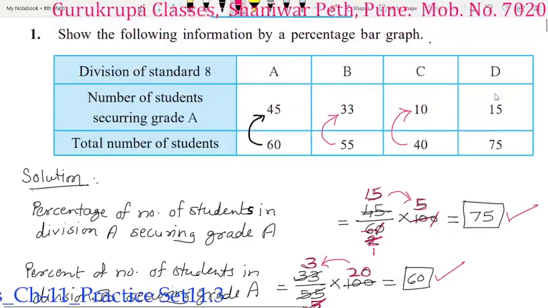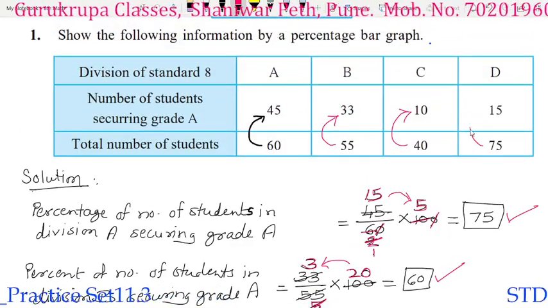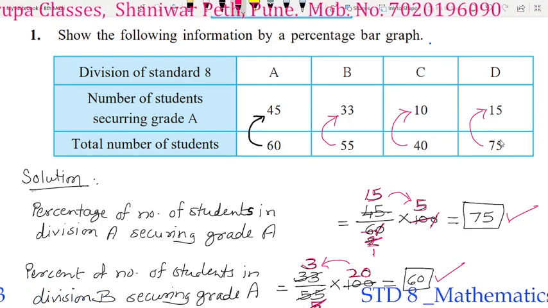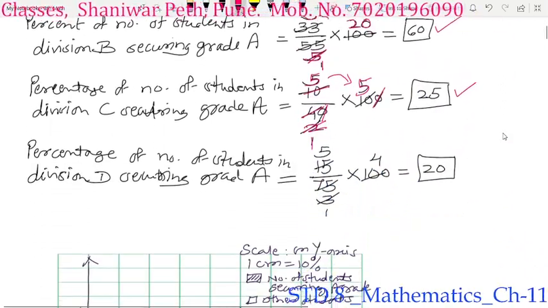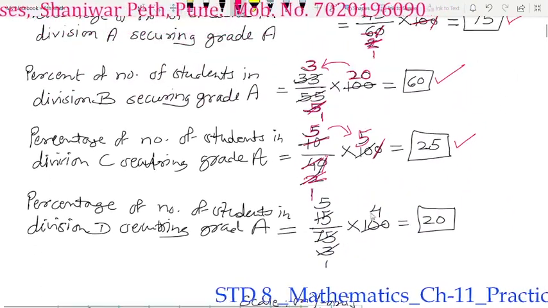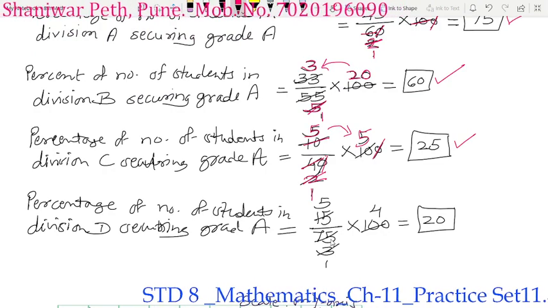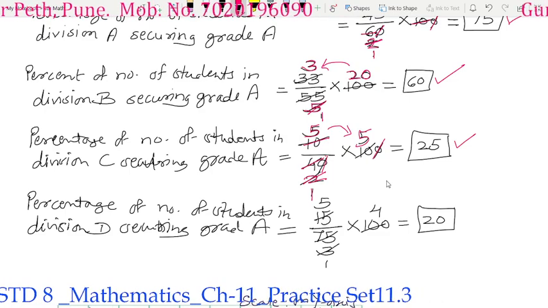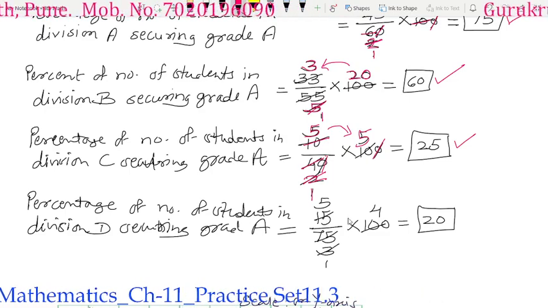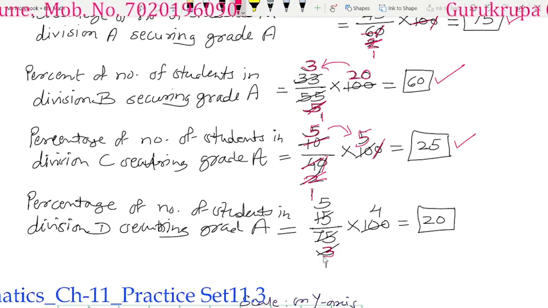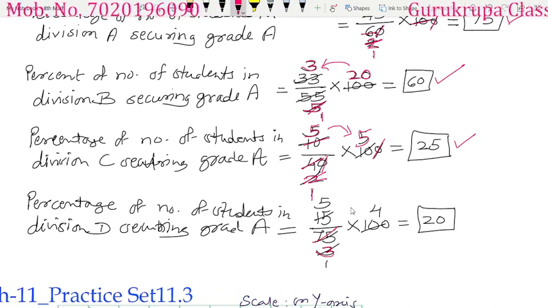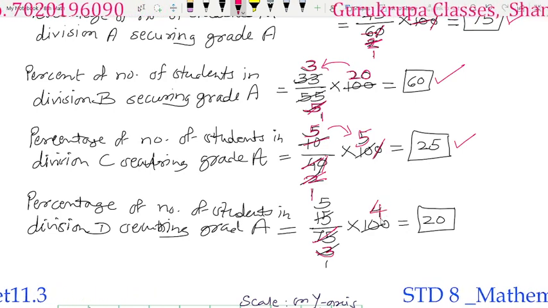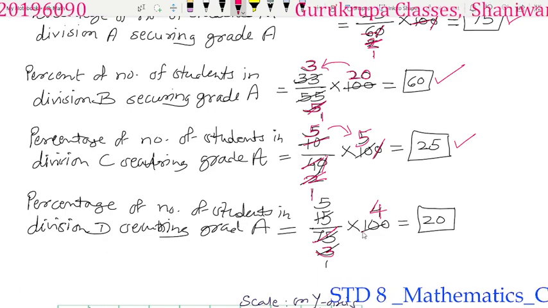Now what about division D? The total number of students is 75, out of which only 15 secured A grade. So we get the ratio 15 upon 75, and multiplying it by 100 we get the percentage. 75 and 100 are multiples of 25. 25 threes are 75, so we cut 75 and write 3. 25 fours are 100, so we cut the 100 and write 4.